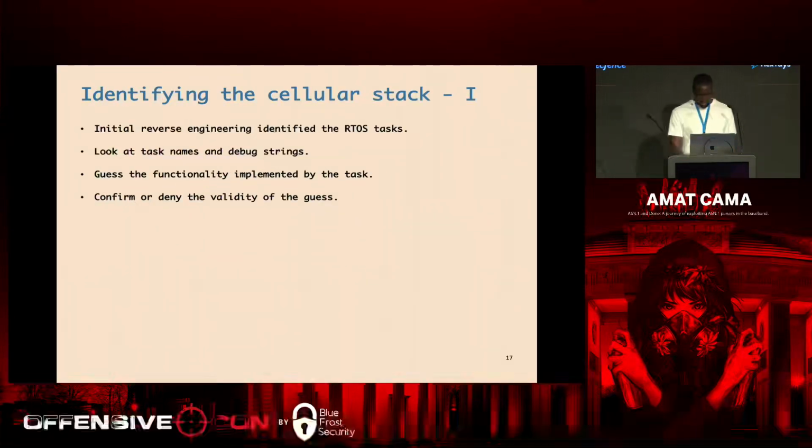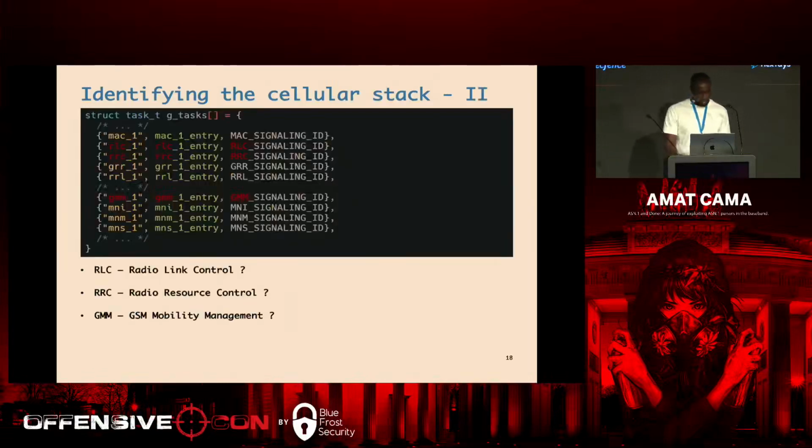But unfortunately, some things didn't go as planned. Initial reverse engineering identified the different tasks, just reading from the entry point, stuff like that. And looking at the task names and debug strings, I tried to guess the functionality of these tasks, and then I tried to confirm or deny the validity of these guesses. So this is the array I showed you earlier.